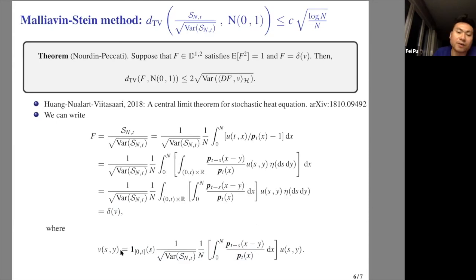So we have this formula for v, and we also have this formula for F. Therefore, we can compute the inner product between DF and v using these two formulas, and then compute the variance of this inner product. In the end, we can bound this variance by a constant times log n over n, and that gives us the estimate on total variation distance, and hence we can prove the CLT.